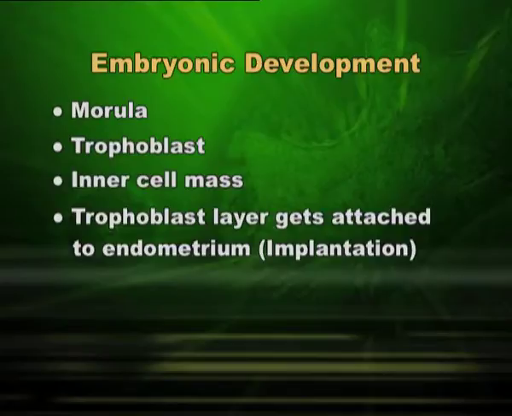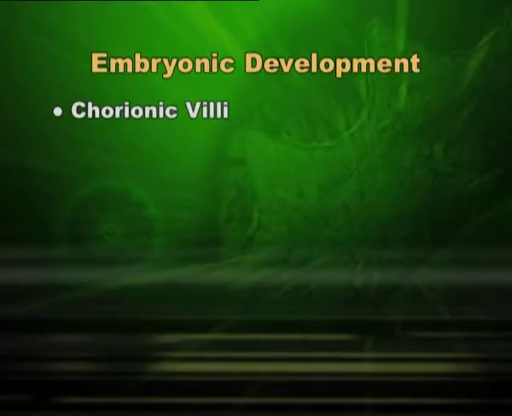And once implantation has taken place, all other events will follow: formation of placenta, formation of cord, maintenance of blood supply, arteries, veins, everything will follow. But this point is very important. If this had not taken place, nothing else will move, and this 32 cell stage embryo will just be thrown off.